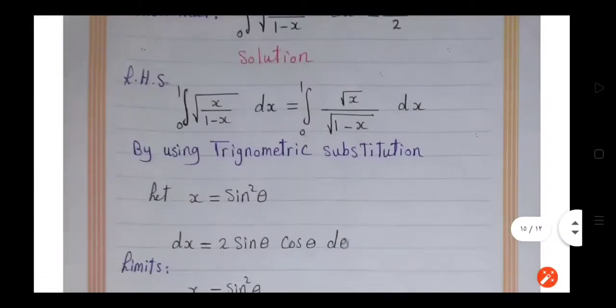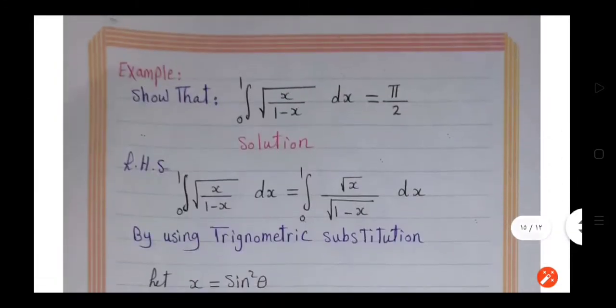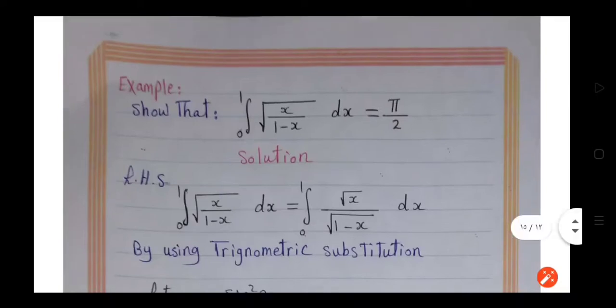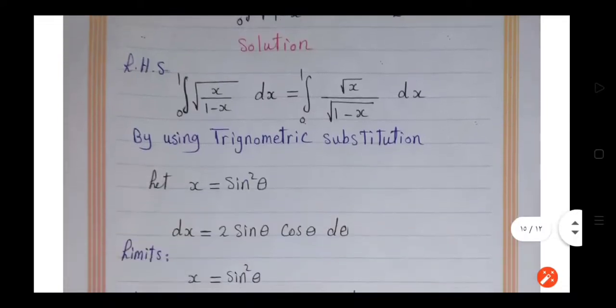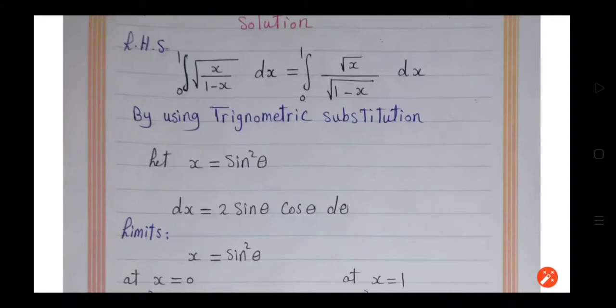Now, for the following example, show that the definite integral from 0 to 1 of root x over 1 minus x dx equals pi over 2. Let us write the left hand side as root x over root 1 minus x.